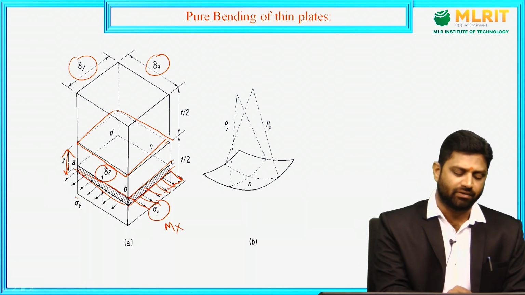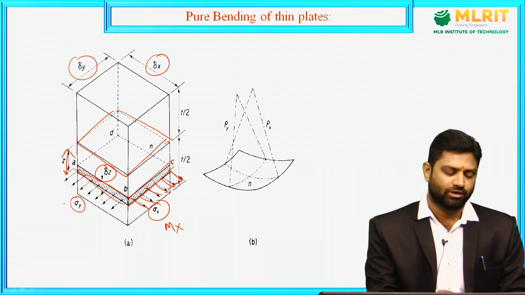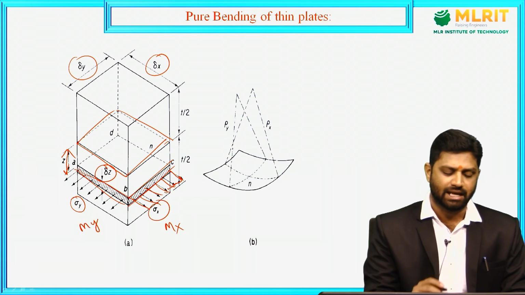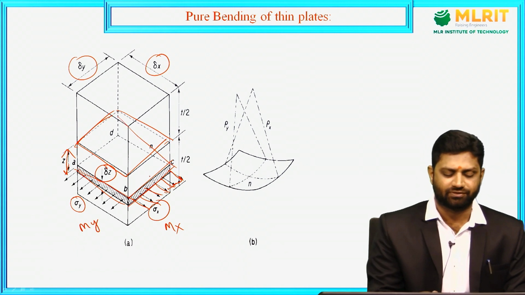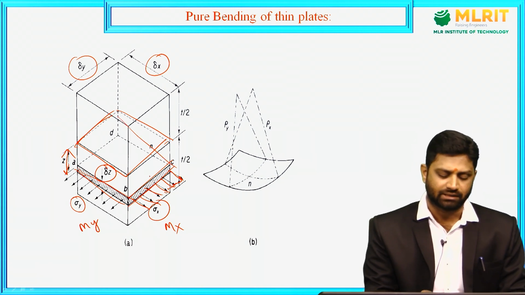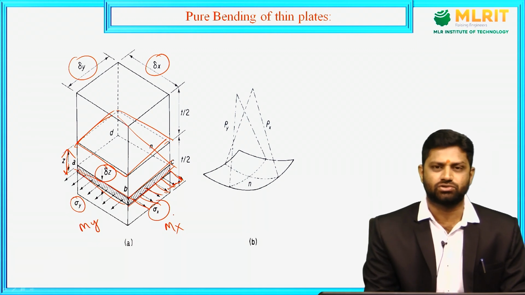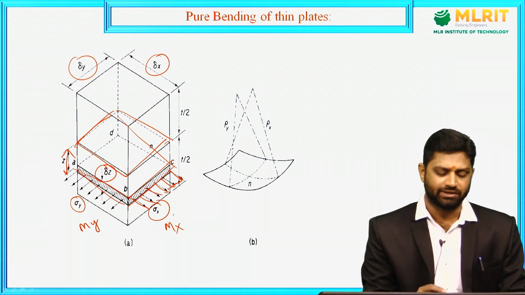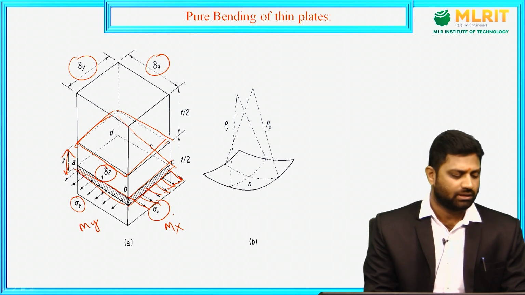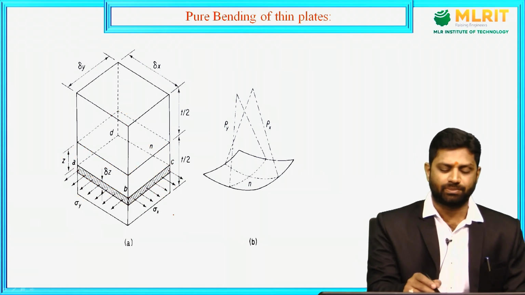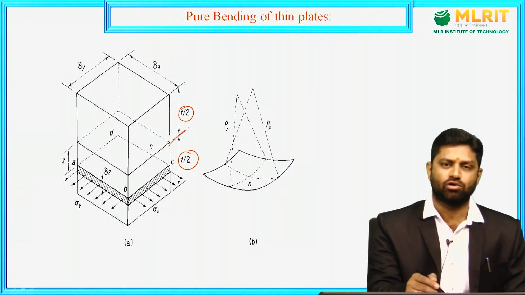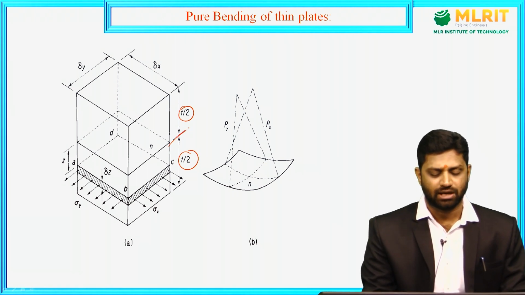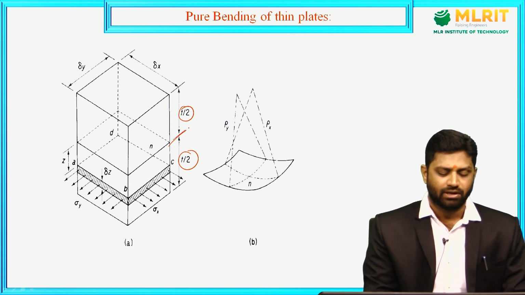Similarly, sigma y is induced because of the applied bending moment my. The other two edges also have them, but from the front view we are unable to see them; mx and my will be induced on those edges too. Now let us assume the thickness of the plate as t, so from the neutral axis it is plus t by 2 above and minus t by 2 below. This is very important.